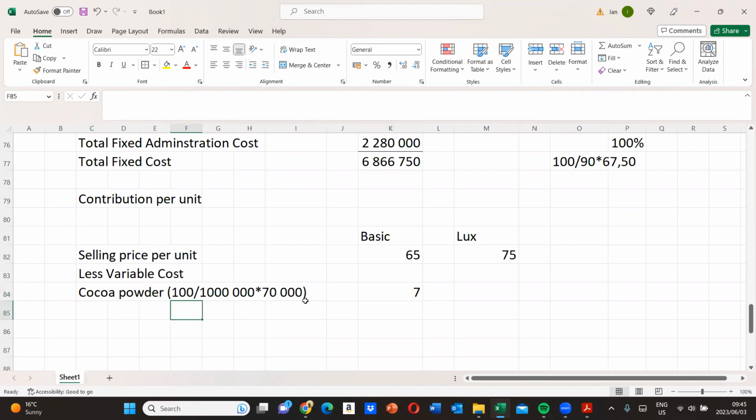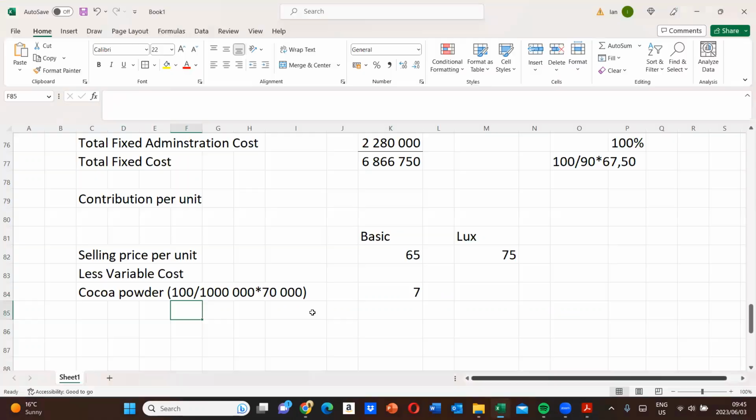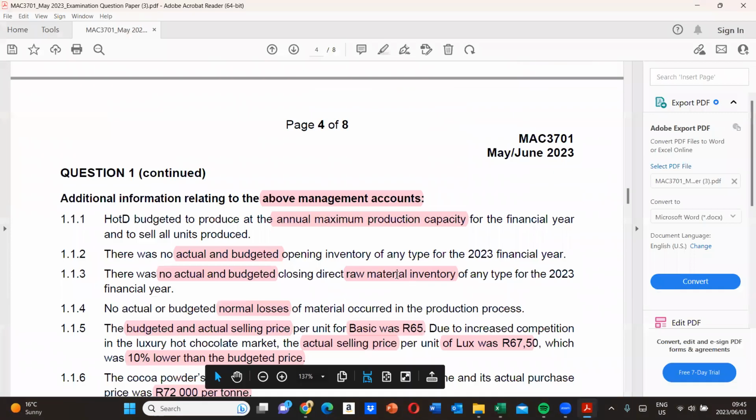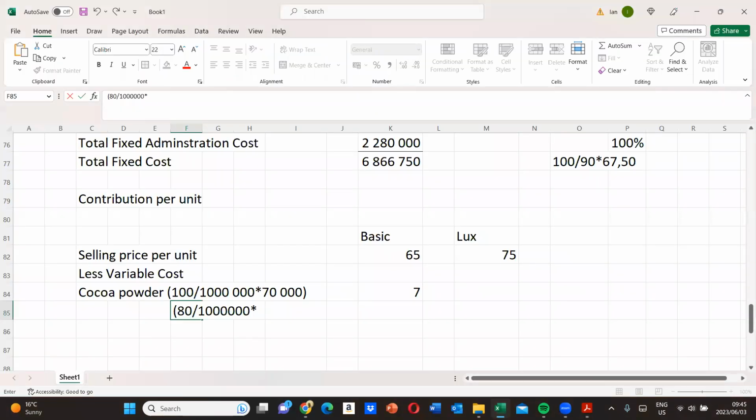And then for the other one, we have 80 grams, so we could have taken 80 divided by 1 million, and then multiplied with the price there, 72,000. So it will take us to 72.